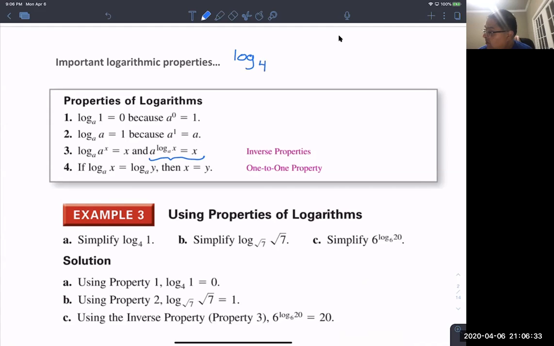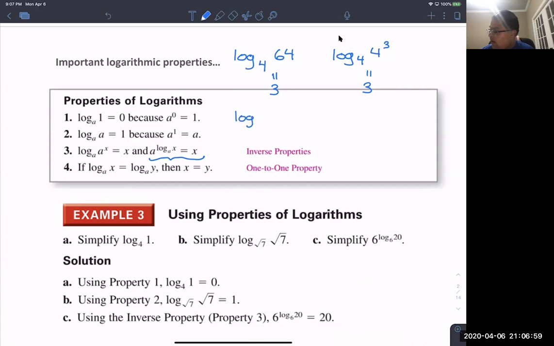Log base 4 of, say, 64, and log base 4 of 4 cubed. Well, log base 4 of 64 is 3. Log base 4 of 4 cubed, based on my property, is 3. Well, what does that mean?